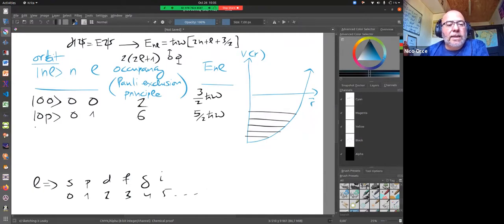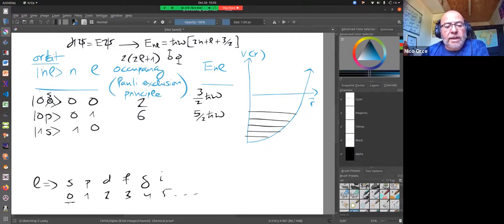Now let's look at the 1s. This was actually the 0s. This 0 actually corresponds to s, right? So the 1s means that n is equal to 1 and L is equal to 0.